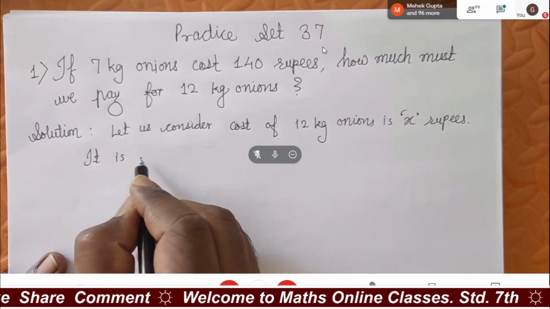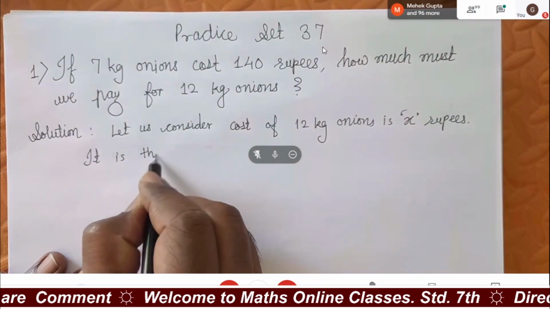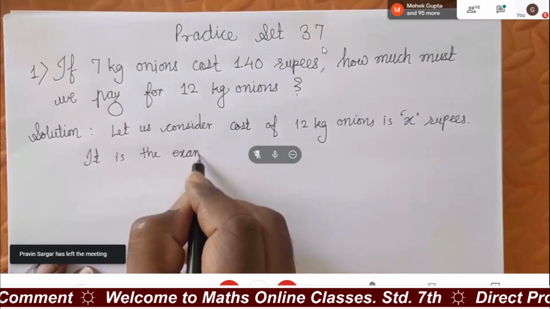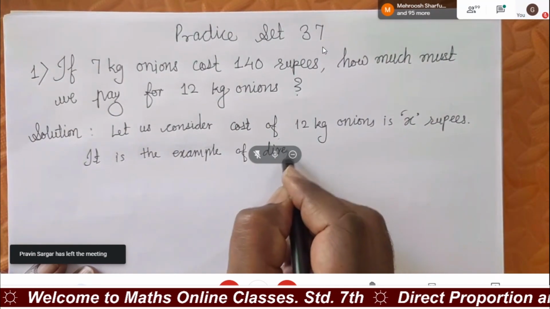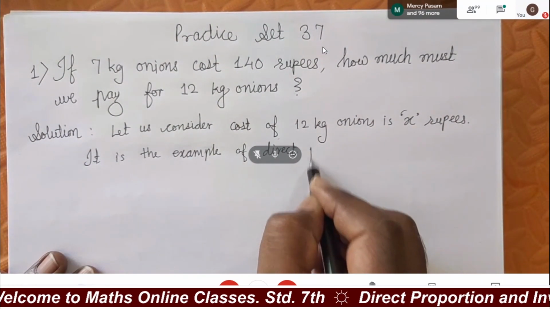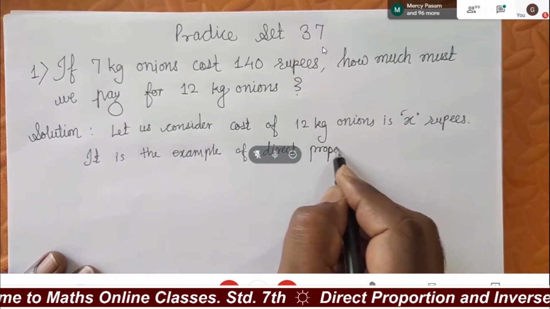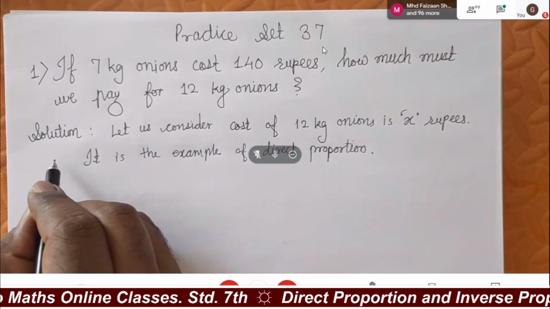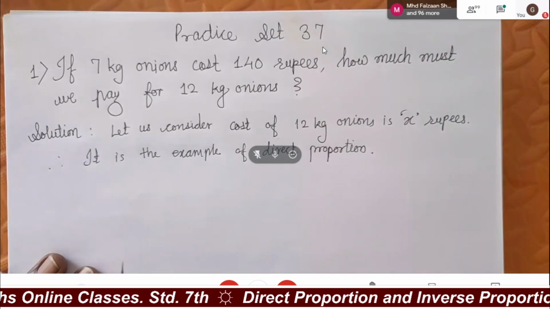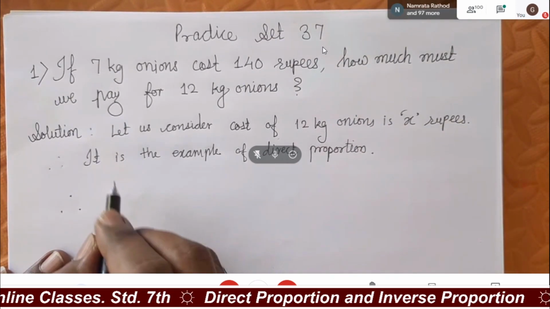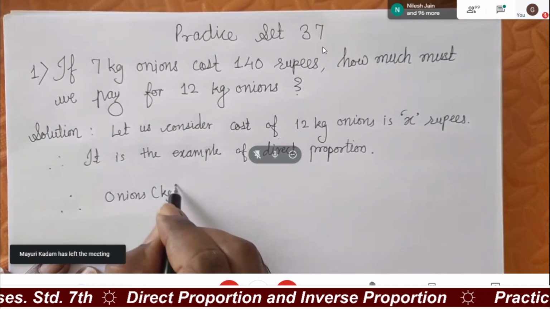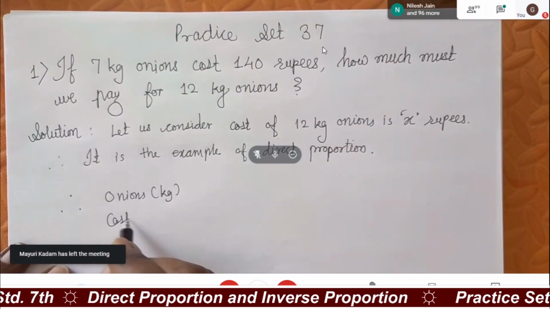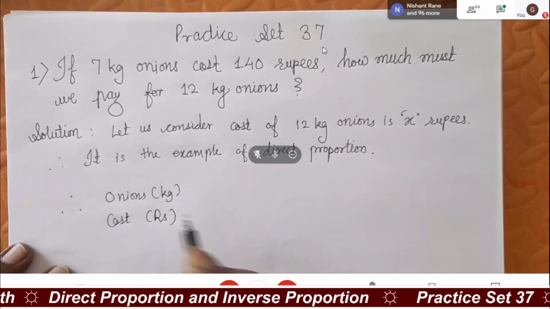So you have to write: it is the example of direct proportion. This is your second statement. Therefore, first we will write onions, in bracket you can write kg, cost, in bracket you can write rupees.